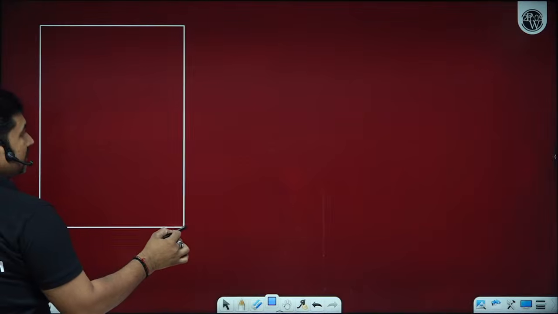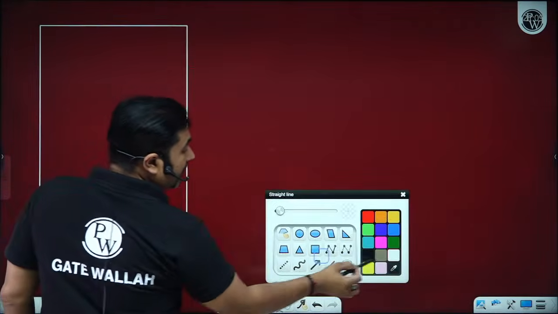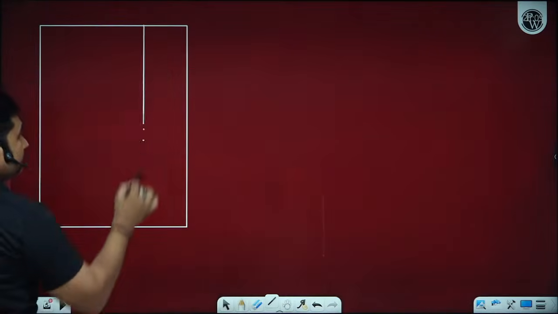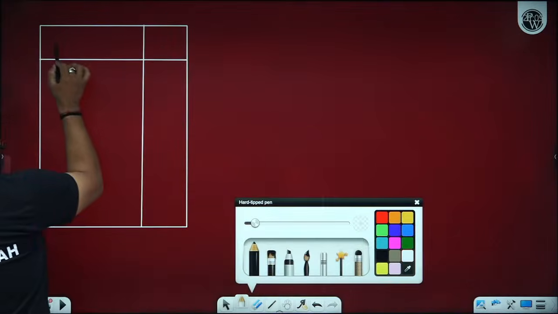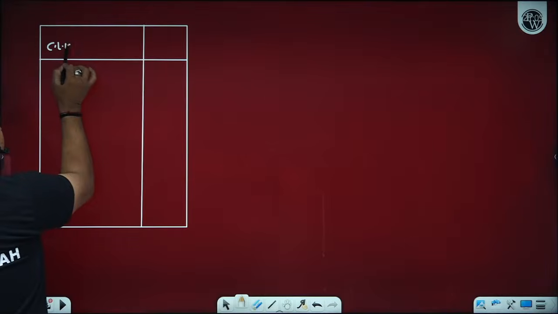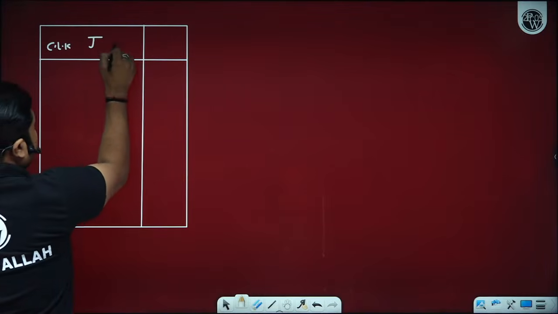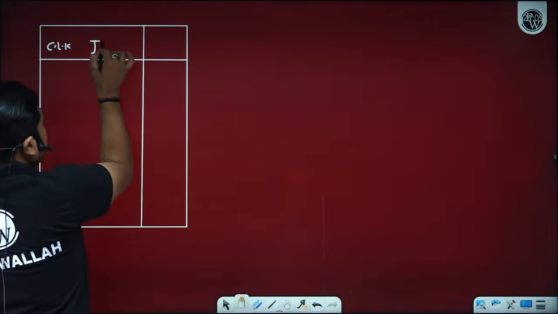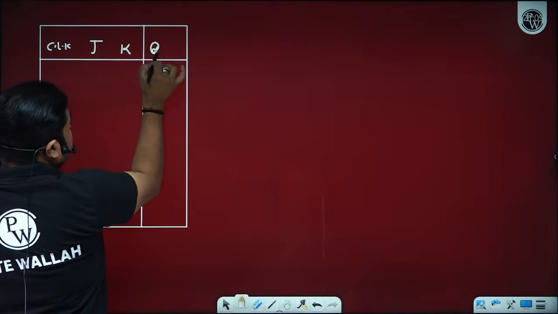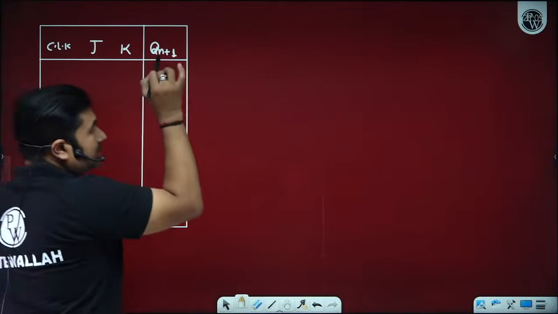So let's have a discussion on the truth table of the JK flip-flop. Now please observe, we have clock, inputs J, K and next state logic Qn plus 1.